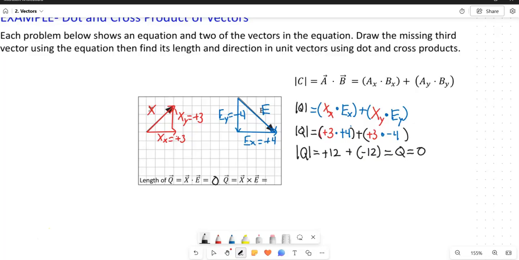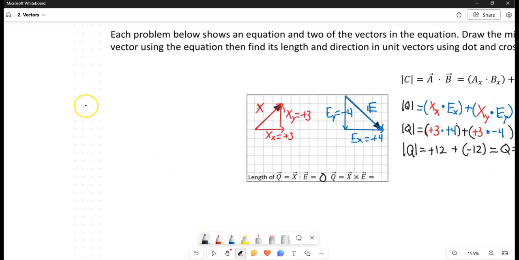All right, let's try the cross product. Okay, for the cross product, this could be simple or difficult depending on what you're trying to learn here. But we're going to go ahead and do it both ways.